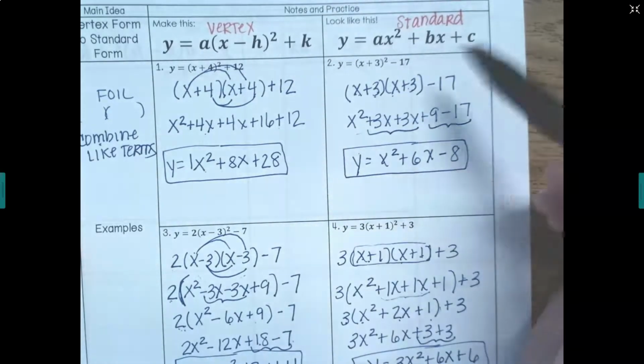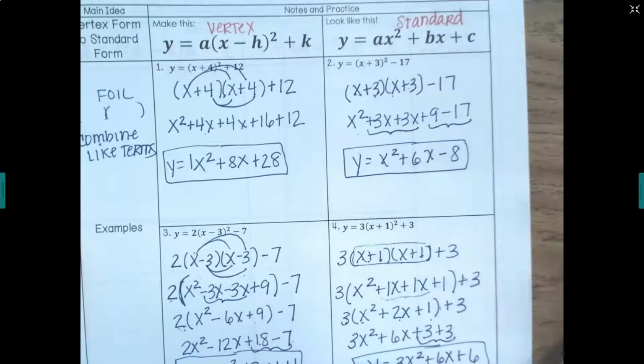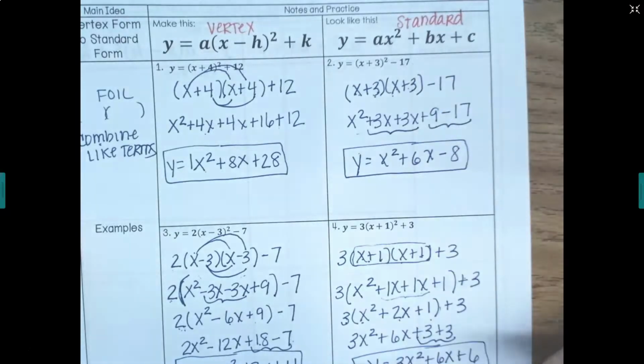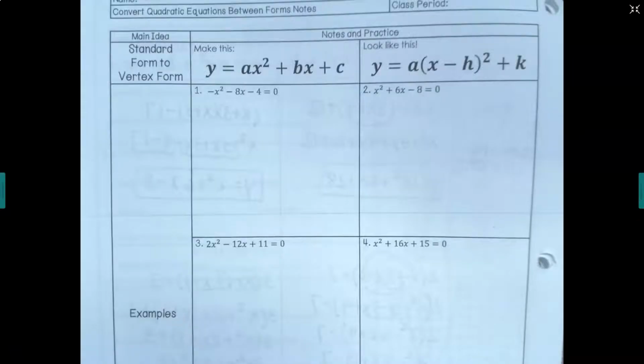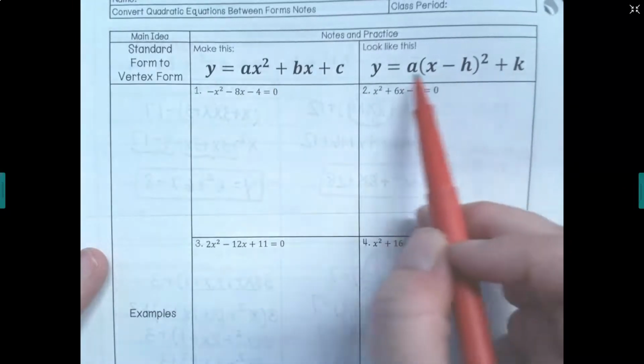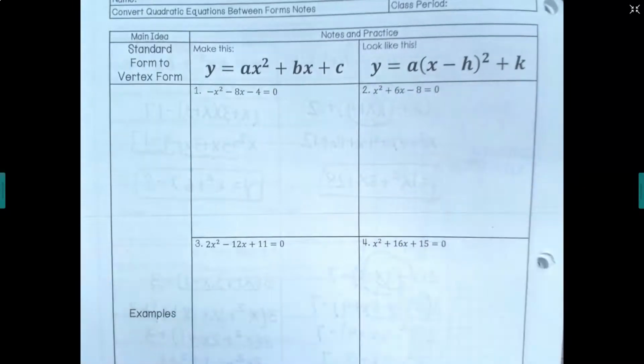All right, so that is taking vertex form and putting it into standard form. On the other side, we're going to take standard form and make it look like vertex form. All right, so on this side, I'm giving the equation to you in standard form, right here, and I want you to make it look like vertex form.